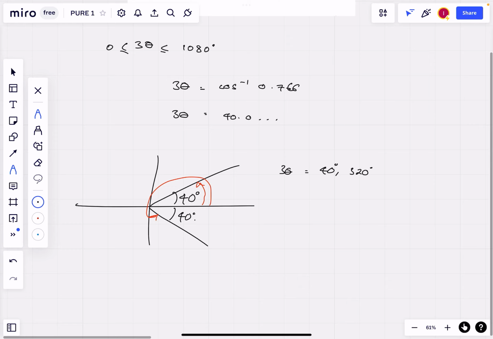But remember, your range goes up to 1080. So you can go all the way around until you hit another arrow. So this is going to be 360 plus 40, 400. You can continue that until you reach your limit.